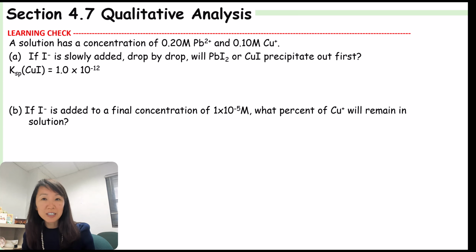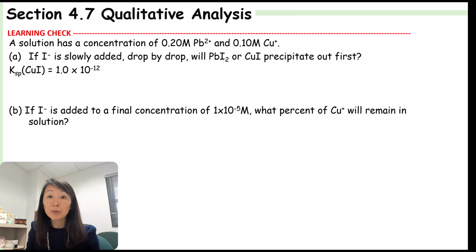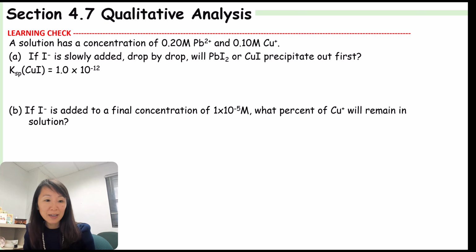So let's do a learning check based on what we have learned so far. Here, we're bringing in a little bit of a calculation and some identification as well. A solution has a concentration of 0.20 molarity of lead and 0.10 molarity of copper.